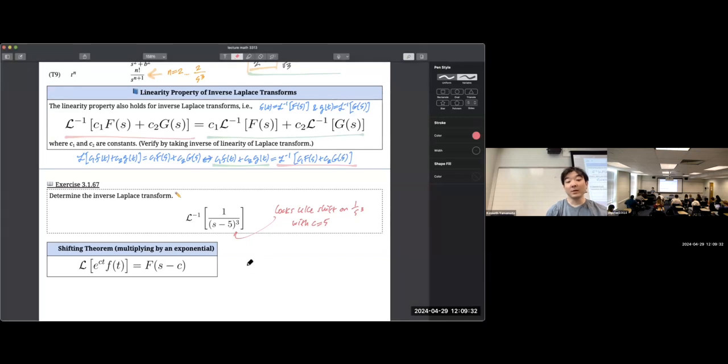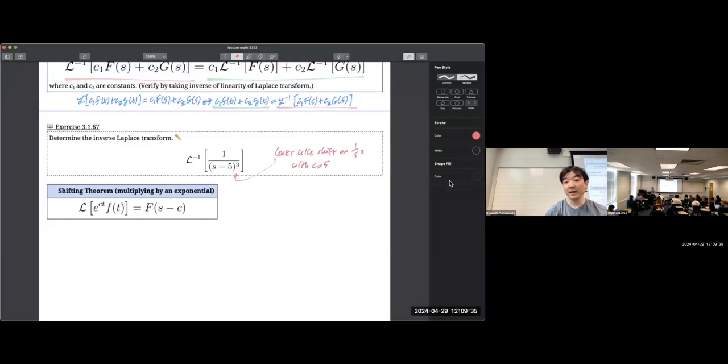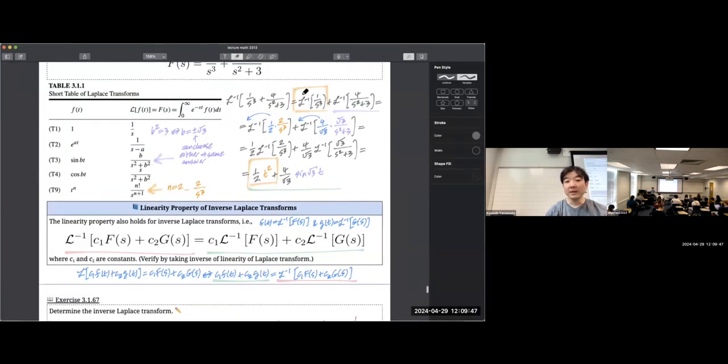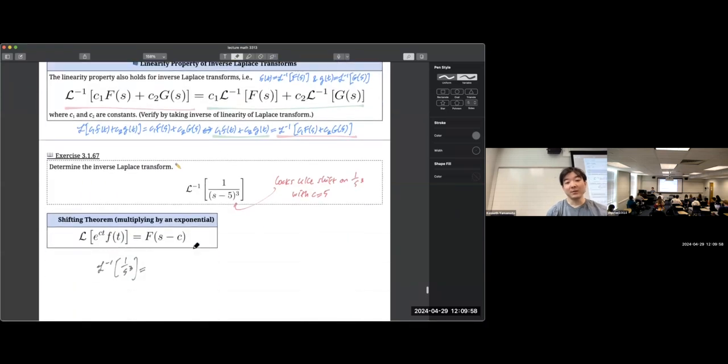We know that the inverse Laplace transform of 1 over s cubed, which we actually computed, is 1/2 t squared, so we'll just reuse that.